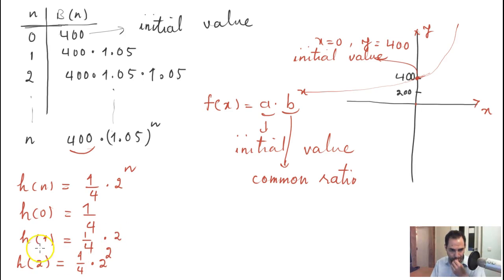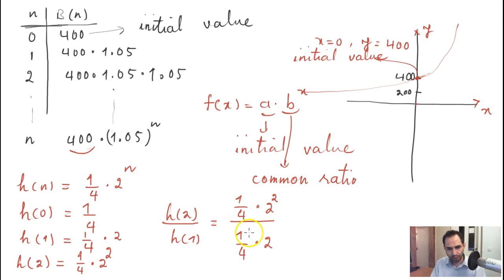So now if you divide h of 2 by h of 1, what you get is 1/4 into 2 raised to the power 2 over 1/4 into 2. So you can cancel these out, and the 2 here can be cancelled out, so you get a 2. So h of 2 divided by h of 1 is equal to 2, which was this number over here, which we called the common ratio.